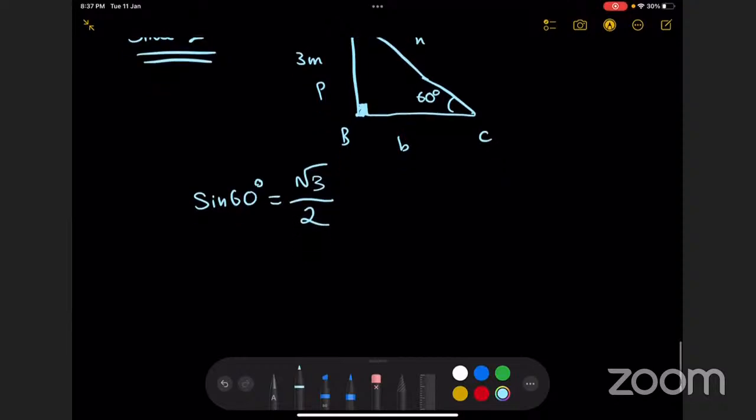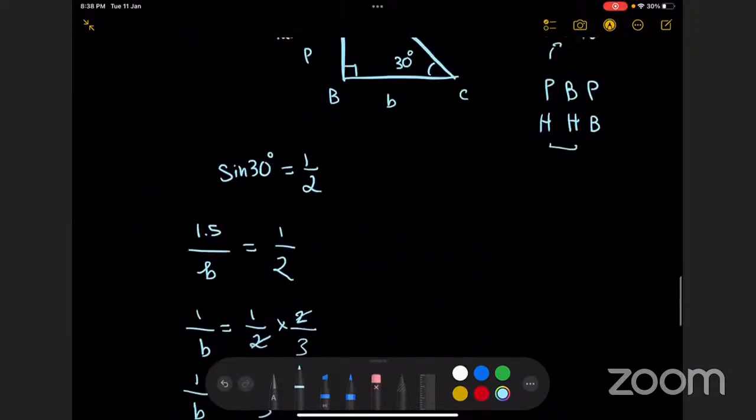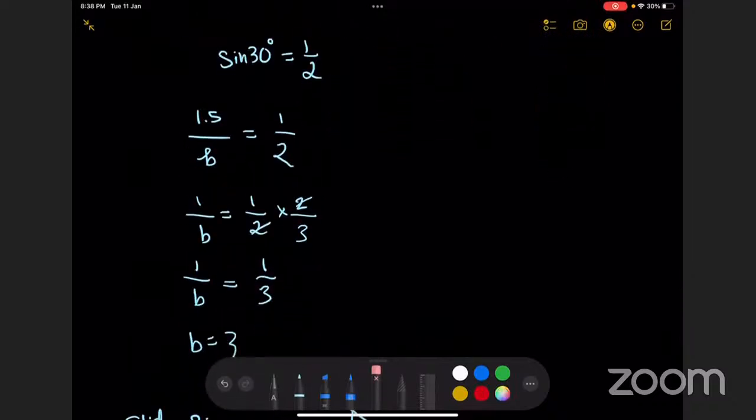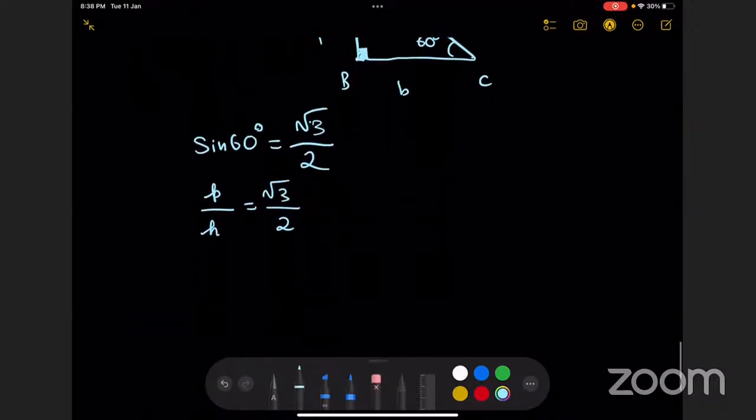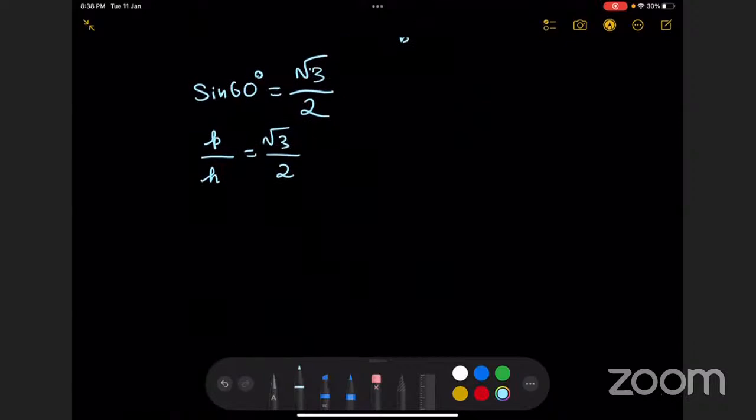The perpendicular is 3, so 3 upon hypotenuse equals root 3 upon 2.